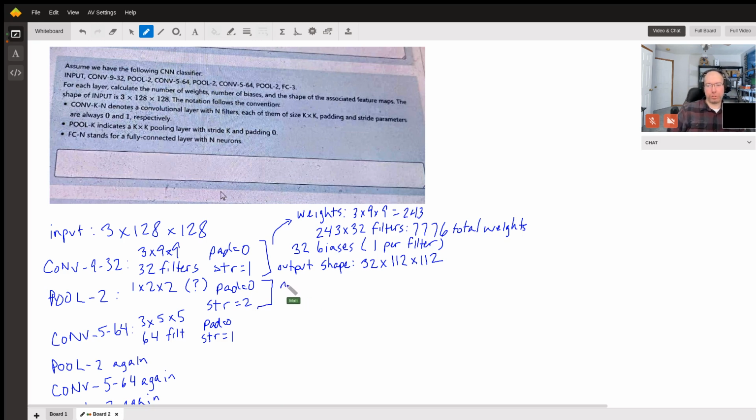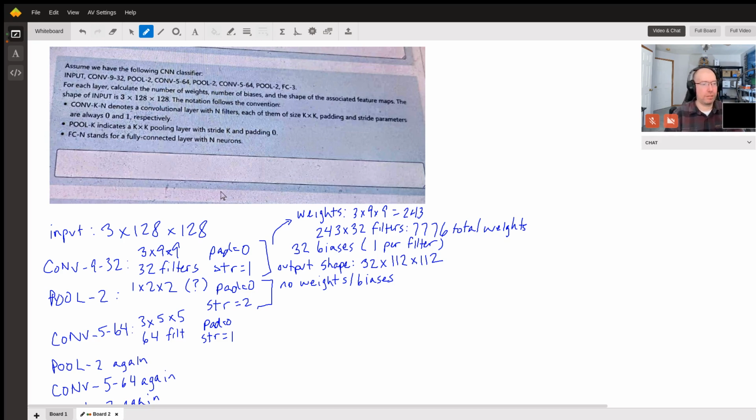So we'd have no weights or biases. There's nothing to fit there, I think, conventionally. Unless, I should double check that in PyTorch, because you said you guys were using PyTorch, right?